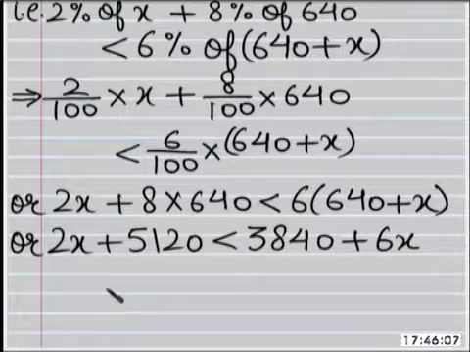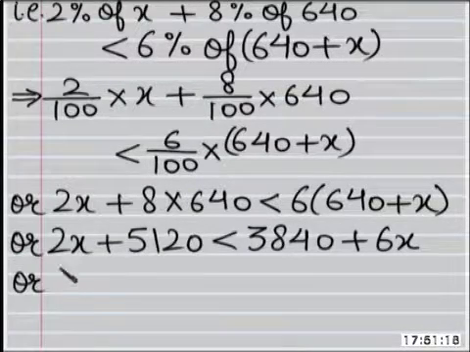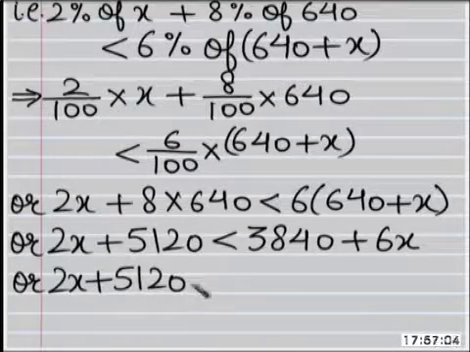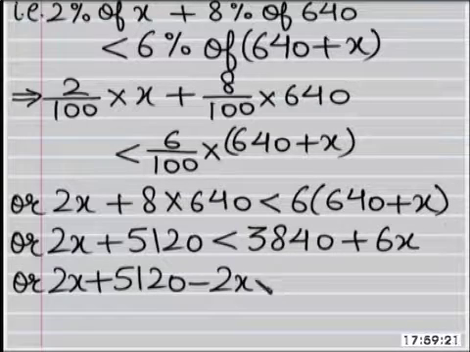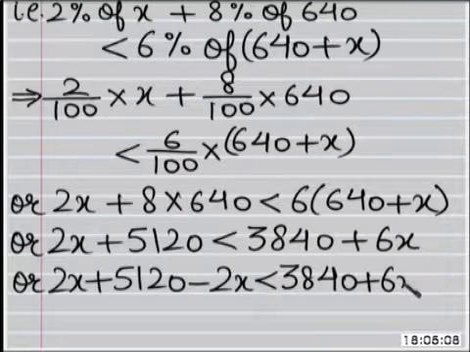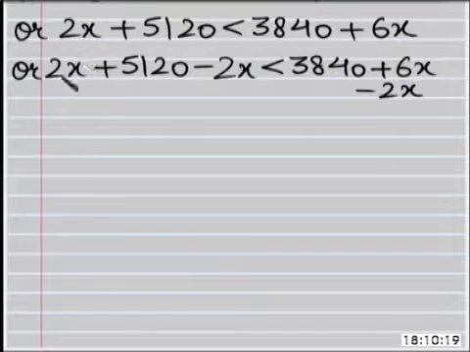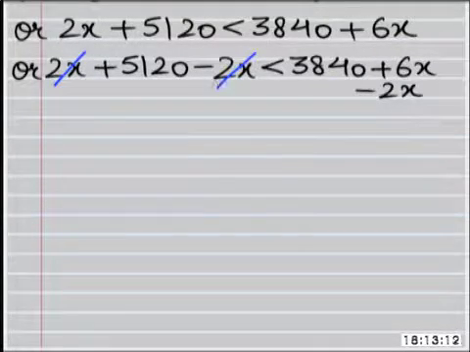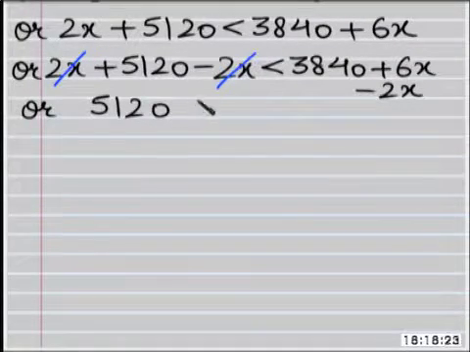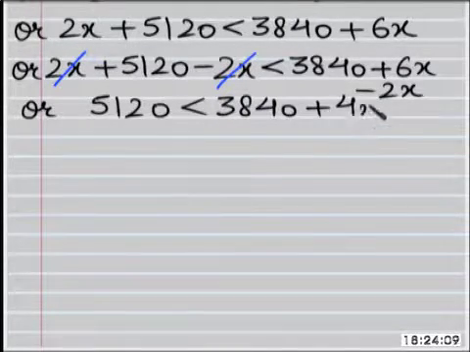Now subtracting 2 into x from both sides, this implies 2 into x plus 5120 minus 2 into x is less than 3840 plus 6 into x minus 2 into x. On solving it, we get 5120 is less than 3840 plus 4 into x.